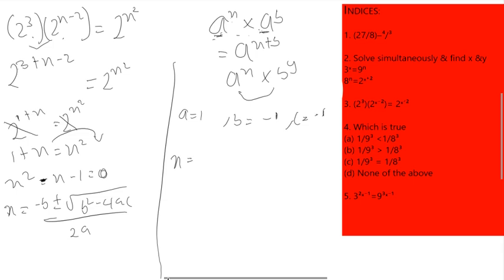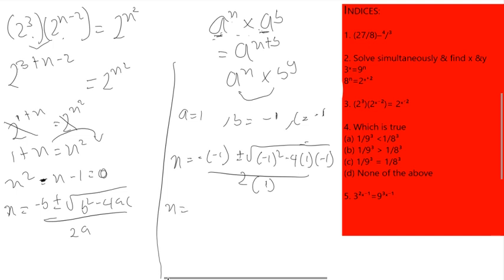So x is equal to minus b, which is minus 1. So minus times minus 1. So we have minus here, minus 1 here, plus or minus root minus 1 squared minus 4. Then a is what? 1. Then c is minus 1. Then we have 2. Our a is 1.